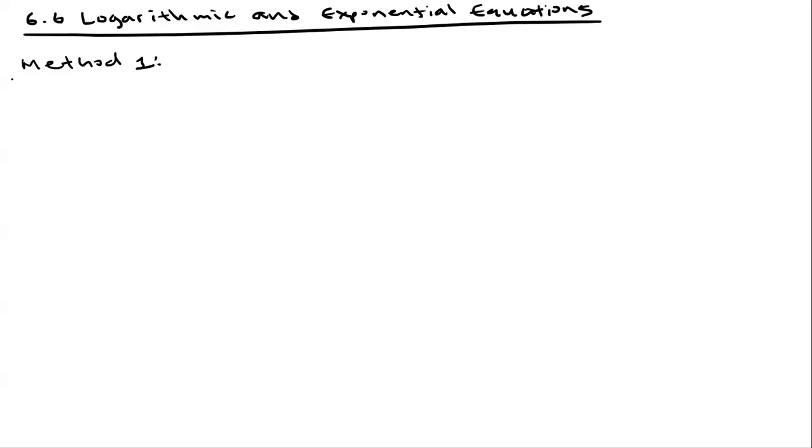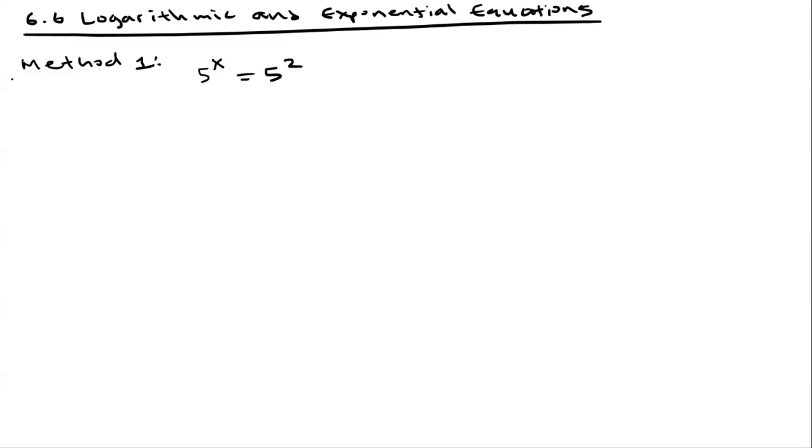Okay, so this is solving log and exponential equations. Method one of the first things we learned was if we have the same base, we can equal the powers, the exponents. So for example, we had 5^x equals 5 squared.